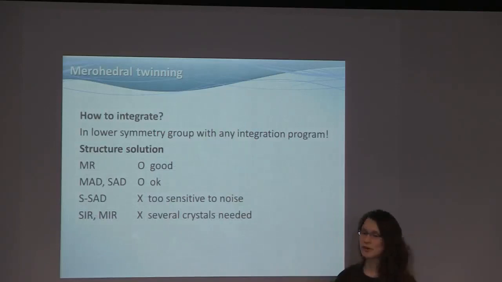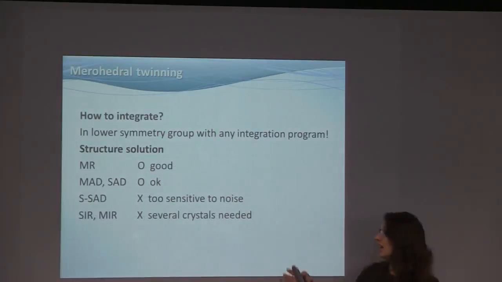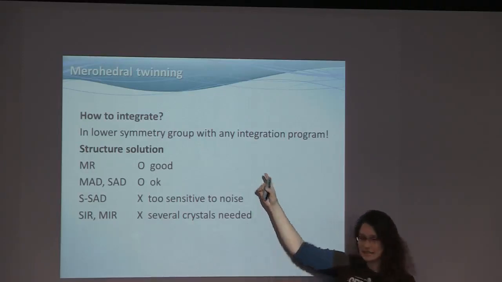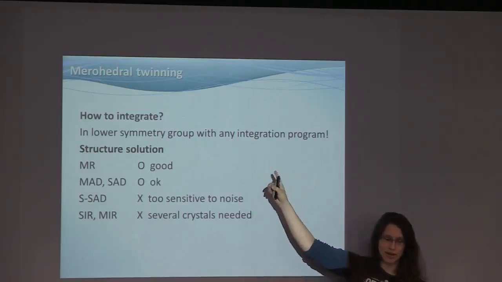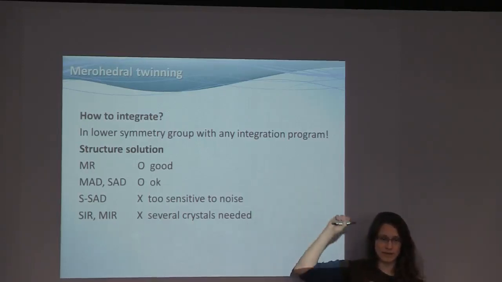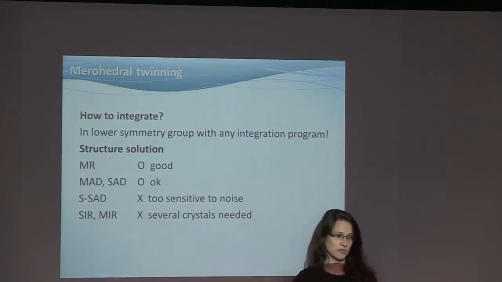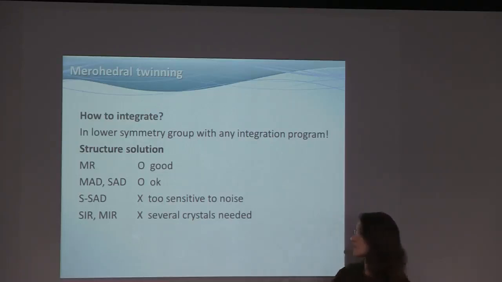Now, how do we treat merohedral twins? We've identified them now, supposedly using the H or the L test, or perhaps R merge or E squared minus 1. We integrate them always in the lower correct symmetry, never in the higher one, because the higher one is wrong. We want the symmetry of one domain of the crystal species.